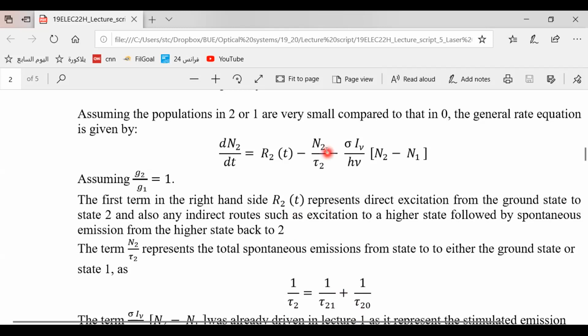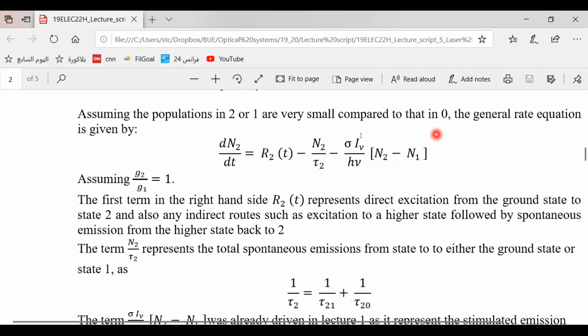So we have the rate equation. The pumping rate is positive because this is electrons coming from 0 to 2. We have spontaneous emissions, which are negative. This spontaneous emission can occur from 2 to 1 or from 2 to 0. And then we have this famous term, if you remember, which includes both the stimulated emission and the absorption between 2 and 1.